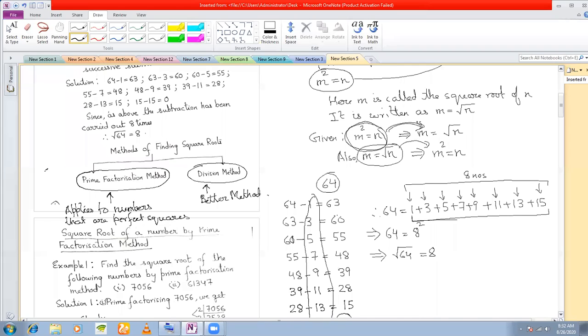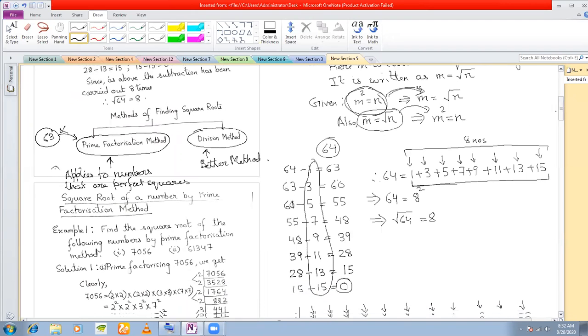Suppose I give you a number 63. You cannot find out the square root of 63 by prime factorization method because 63 is not a perfect square. But by division method, you can find out the square root of 63. Understood? So prime factorization method has its limitations.